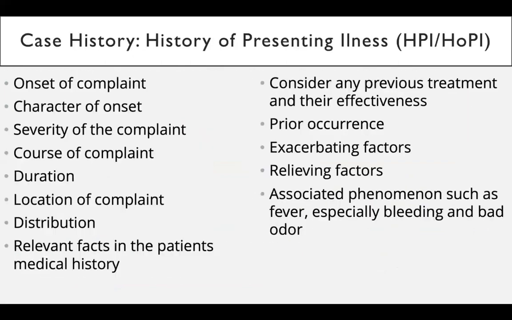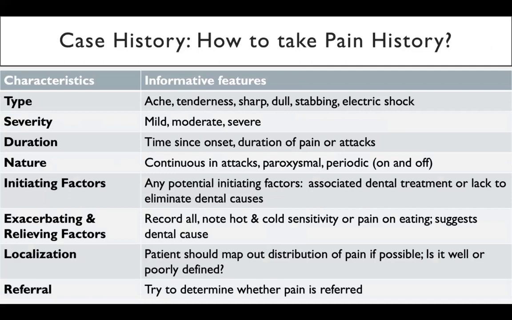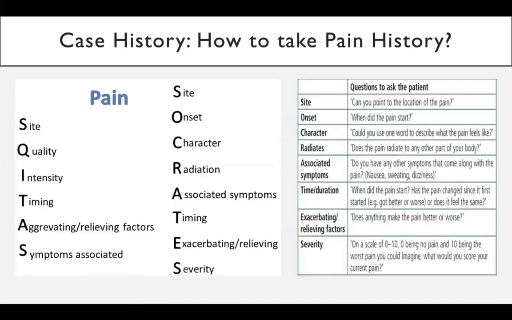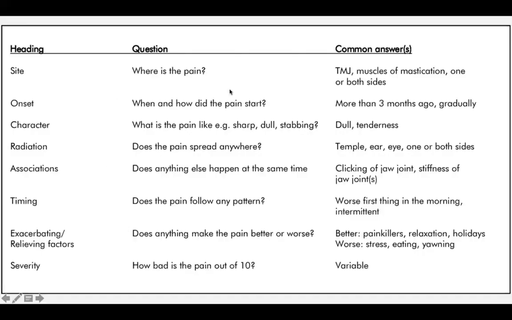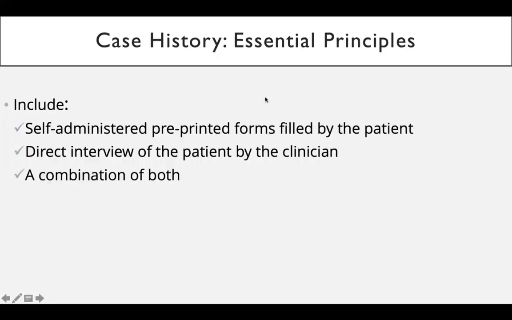Then we knew something about signs and symptoms, how to ask questions in history of presenting illness, how to take pain history, what the mnemonics are, and how to ask specific questions for a specific type of heading to get an appropriate answer from the patient.